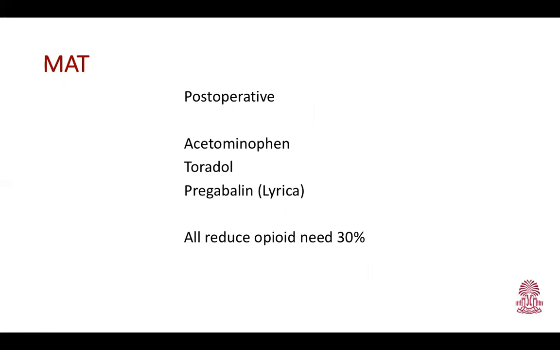So, additional medications that are so beneficial in these patients to help minimize the opioid need are simple things like Tylenol, Toradol, and Lyrica or gabapentin. They work very well in these patients to help propagate the effects of the maintenance therapy that they're on.